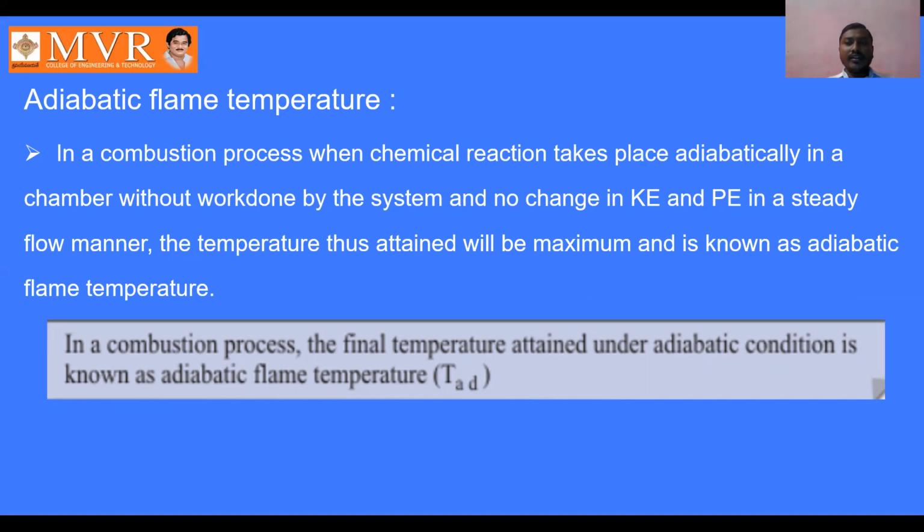When heat is not transferring in or out of the system, the temperature automatically rises inside the system without any work done or any change in potential or kinetic energy. The maximum temperature which rises in the system is the adiabatic flame temperature.